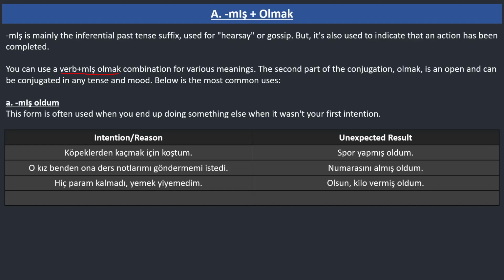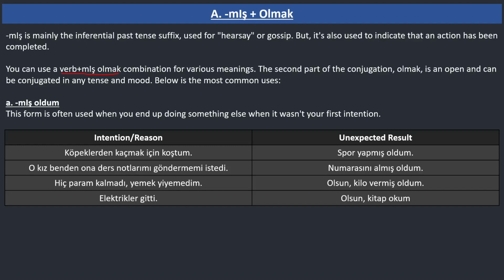Okay, so for example, you are trying to study with your computer, but the electricity goes off. No electricity. Elektrikler gitti. This is also how we say it. The electricity went away. Elektrikler gitti. Olsun.